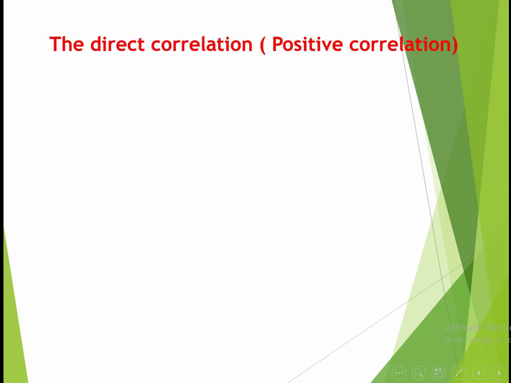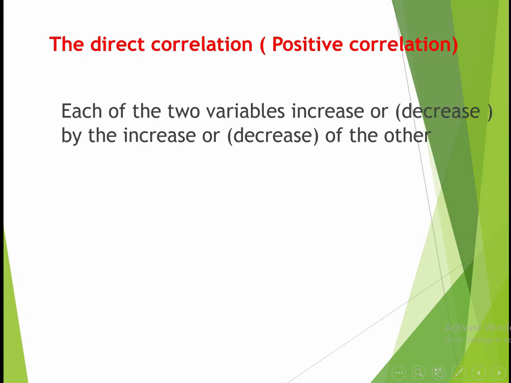Let's give some examples for each type. In the direct correlation, or positive correlation, the two variables increase or decrease together. If the first variable increases, the other one increases.